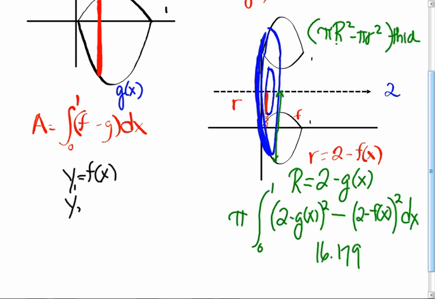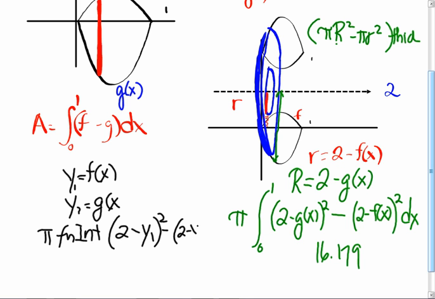And in y2, I would put in g of x function. And then I would enter it: pi, fnint. It's up to you, but I would go 2 minus y1 squared minus 2 minus y2 squared, a lot of parentheses, comma x, comma 0, comma 1.